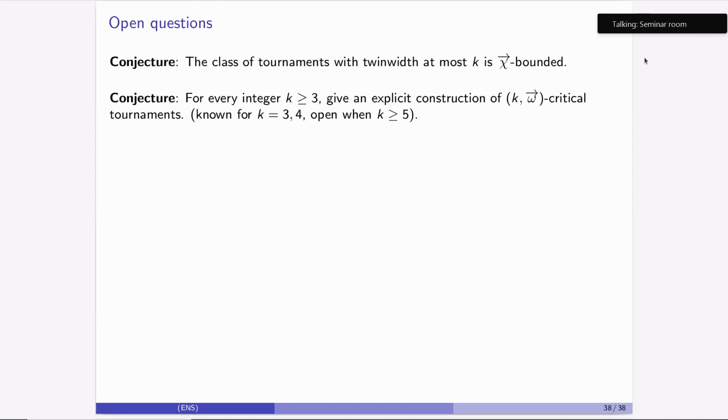We also have a question that I like, a kind of toy question, which is to build some critical tournaments for omega. This would be a tournament with omega equal to k, but when I delete a vertex, it drops to k minus 1. We have constructions for k equal 3 and 4, but we don't have them for k at least 5. It should exist.